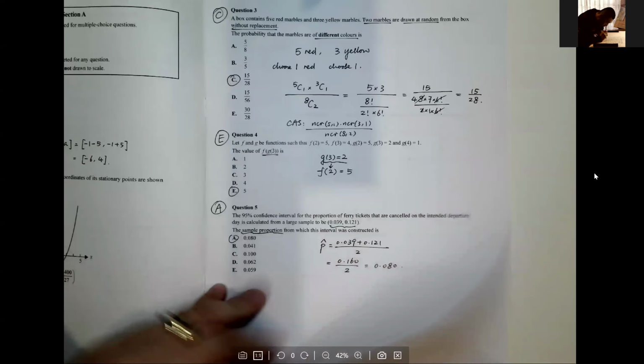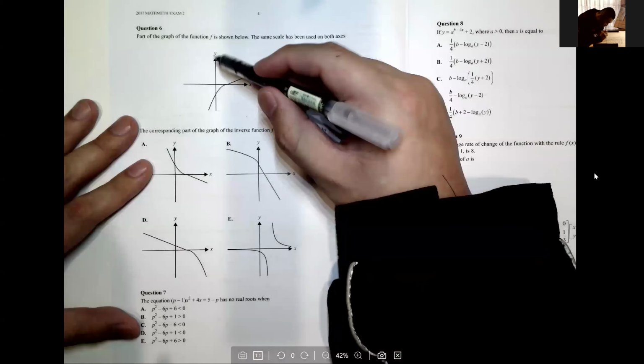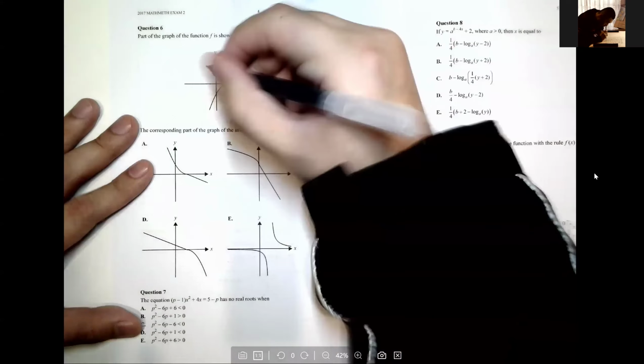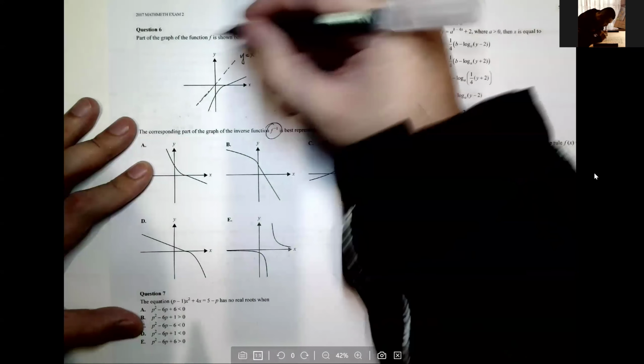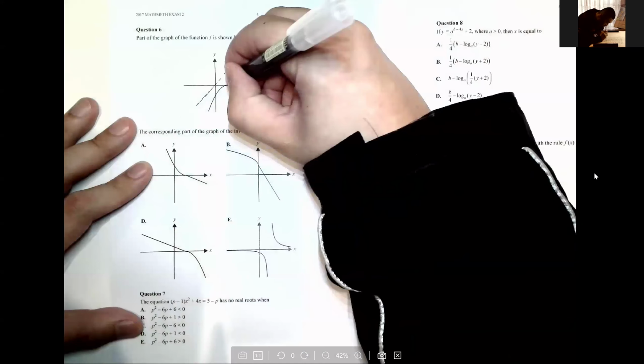Question 6, we would like to find, let's say, the same scale for this graph and all the other graphs. We would like to find the f inverse. So if you draw a line like y equals x here, you should be able to get, for example, something like this point to here.